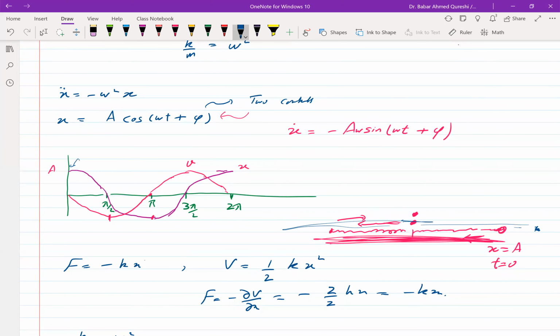So oscillations can be small, oscillations can be larger, any size is allowed. But no matter what the amplitude of the oscillation is, the frequency is always the same, omega. That's fixed by that constant k.